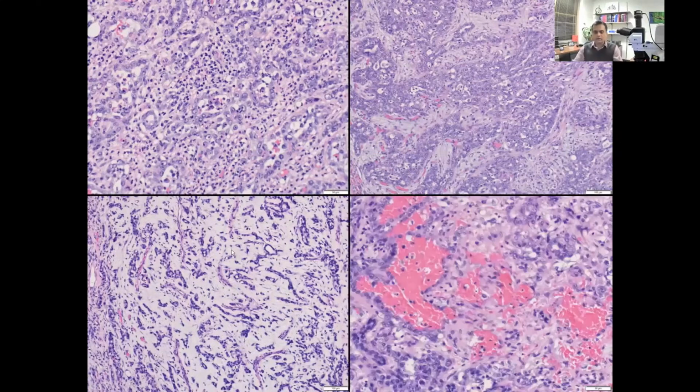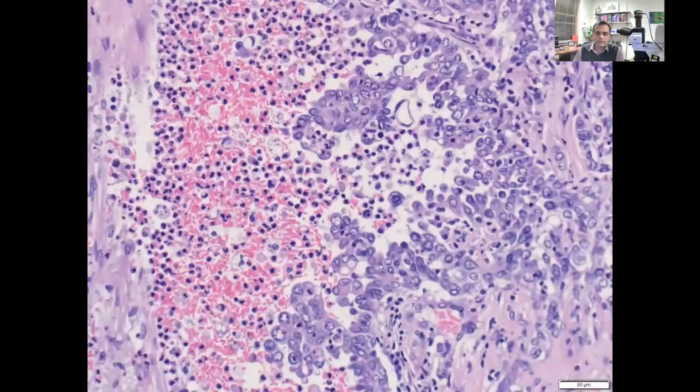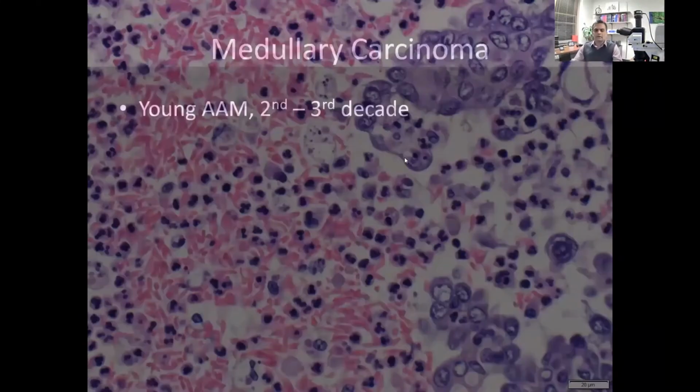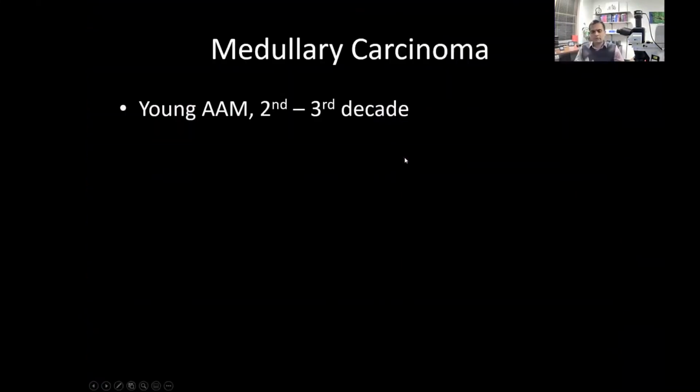And the other thing is medullary carcinoma, you always look for areas of hemorrhage because you know what to look for over there. So if you look closely at these areas of hemorrhage, you can notice that many of these cells are actually sickle-shaped. So as we know, medullary carcinoma usually occurs in young Afro-American males or Africans, and it occurs in the second to third decade.